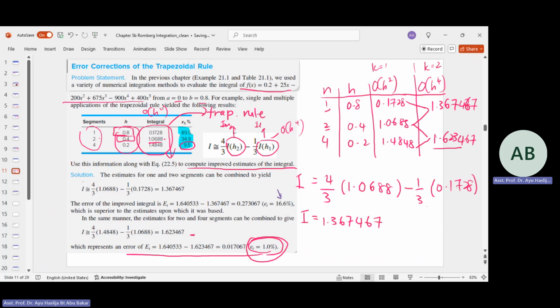So instead of increasing the n downwards vertically, let's say here you continue 2, 4, 6, 8 until down, in order to get the lesser error, instead of increasing the segment, we go sideways. So going sideways, we just increase another level of integration. You will get lesser error.